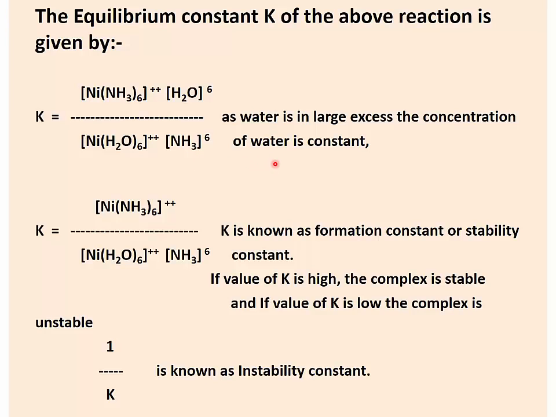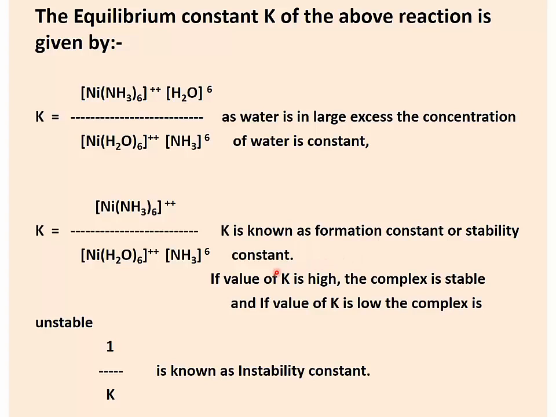Therefore, its concentration is taken as constant. So the above equation is written as K is equal to hexammine nickel complex ion concentration divided by hexa-aquo complex ion of nickel concentration into concentration of ammonia. Water concentration is not considered, and this K is known as formation constant or stability constant.